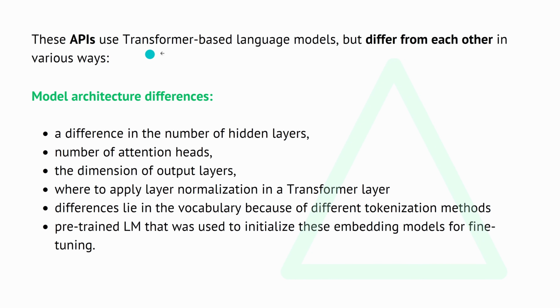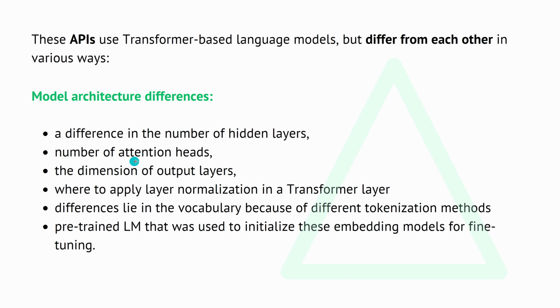Now, all of those APIs use, of course, a transformer-based large language model as the main engine. But you know, they differ from each other in a lot of different ways. Just look at the model architecture. You have a difference in the number of hidden layers, a difference in the number of attention heads per layer.